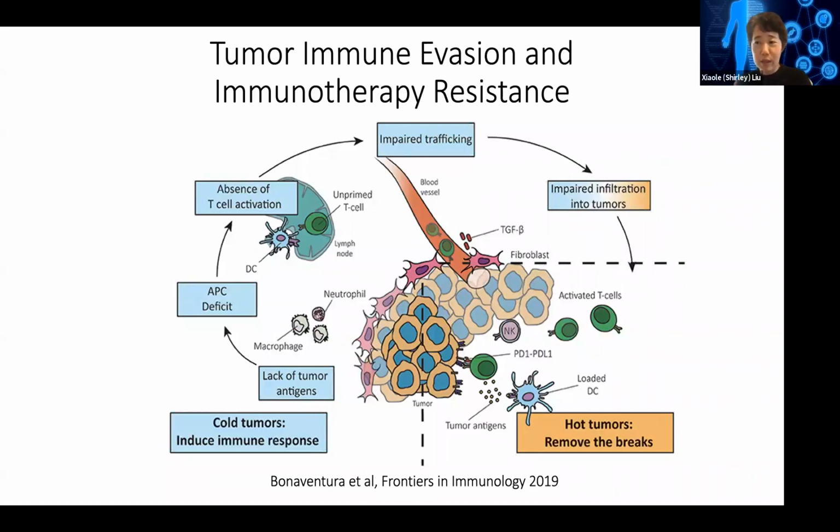Remember, the M2 is wound healing. It's like, T cells, don't come here. There's a wound, let it heal. Don't need to attack outside. And so with these suppressive cell types, the T cells really cannot infiltrate.